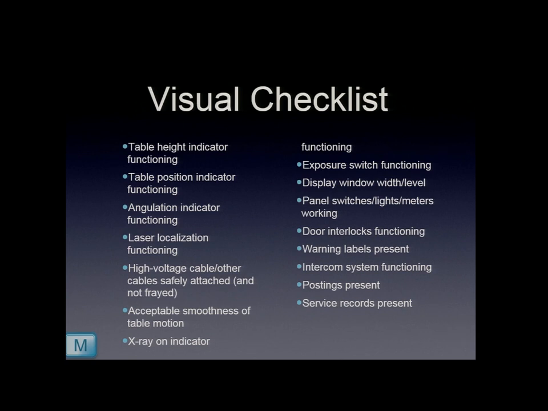So if you start seeing wear on that, indicate that, hey, maybe the service engineer needs to look at these cables, try to fix this potential electrical hazard. And then the table, is it moving smoothly? Or is all that contrast media that I haven't been cleaning up gumming it up and stalling it as it moves along? And so they need to be aware of that and document that it's not moving.